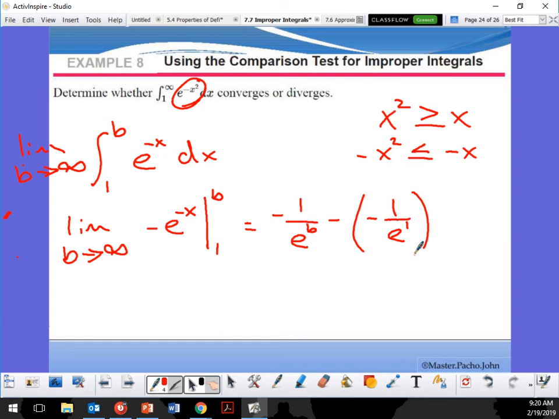It would be e to the negative b, but then I made it positive down in the denominator. Is that okay? Yeah. Okay, good.